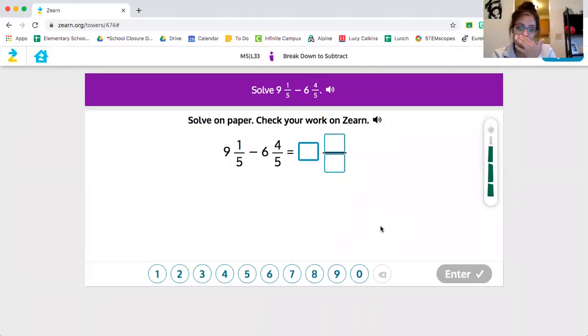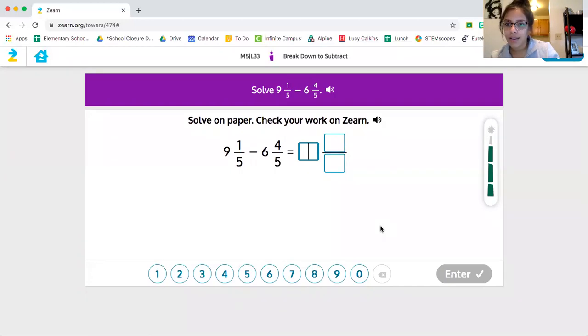So now I'm releasing you to think of this again. 9 1/5 minus 6 4/5. So in my mind, on my paper, I'm thinking, okay, 9, and I'm going to take away 6. When I do 9 take away 6, I end up with what?